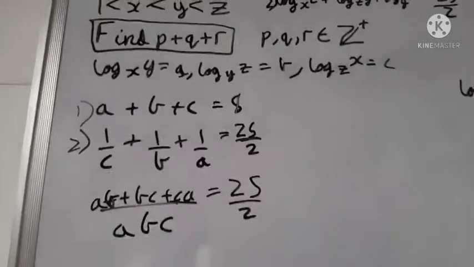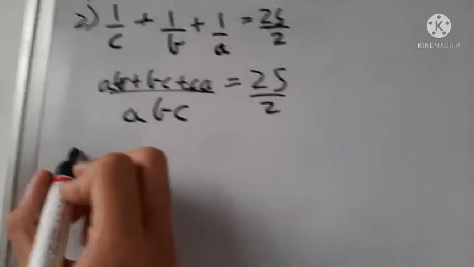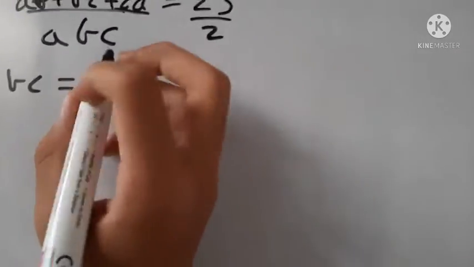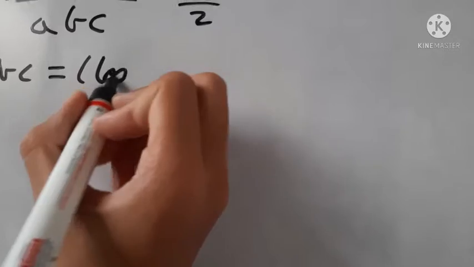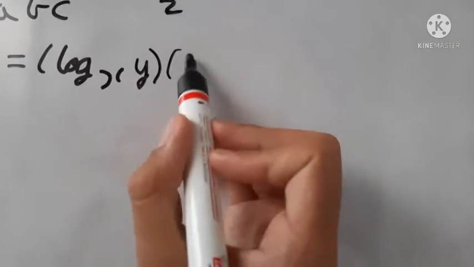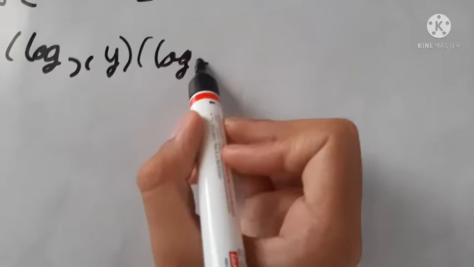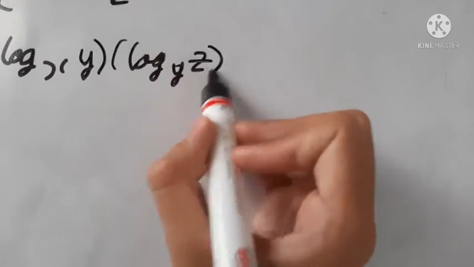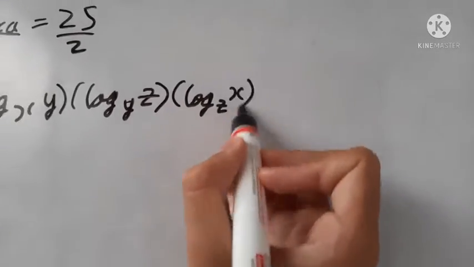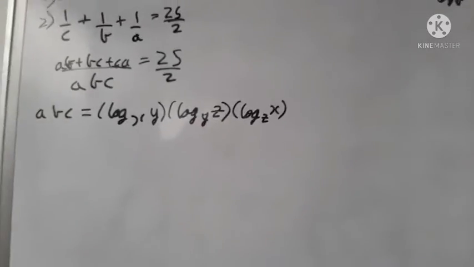Right. Now for abc, what we'll do is we'll multiply these out. So abc is equal to log base x of y times log base y of z times log base z of x. Right? This is really nice.